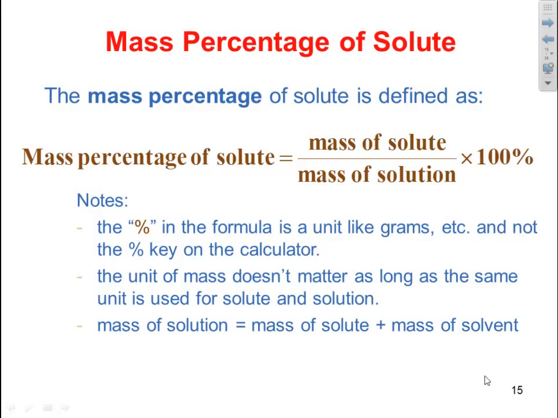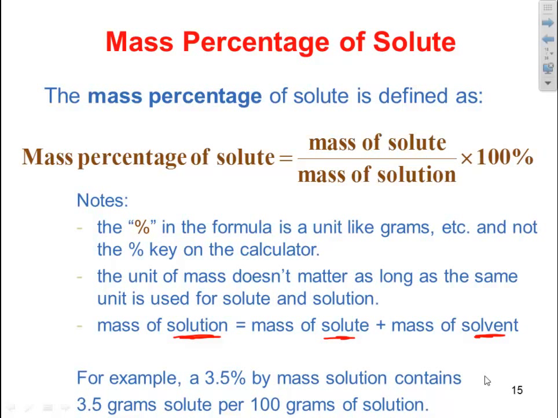Mass of solution equals the mass of your solute plus the mass of your solvent. Once again, solution means both solute and solvent. For example, a 3.5% by mass solution contains 3.5 grams of solute per 100 grams of solution. This is important, so anytime you see this, we like to get it into ratios where we can cancel units.